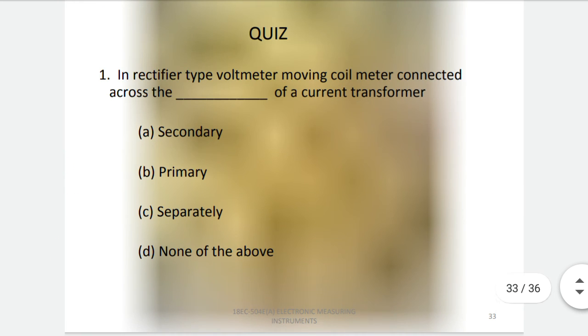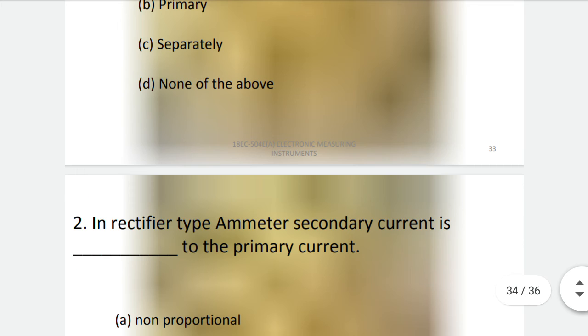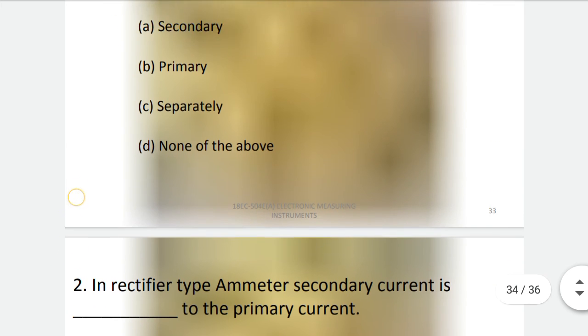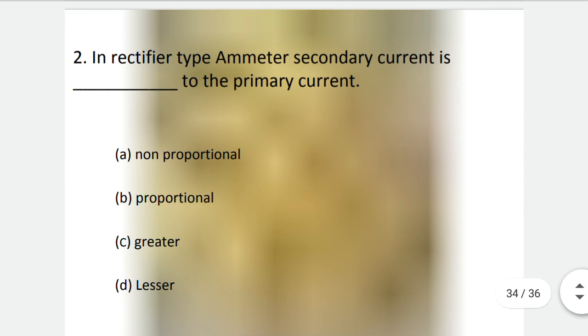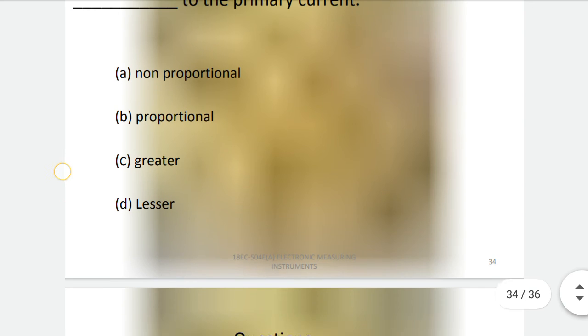Sorry, the answer is the primary. In a rectifier type ammeter, the secondary current is proportional to the primary current. The answer is B.